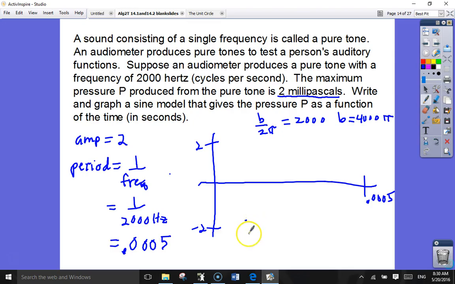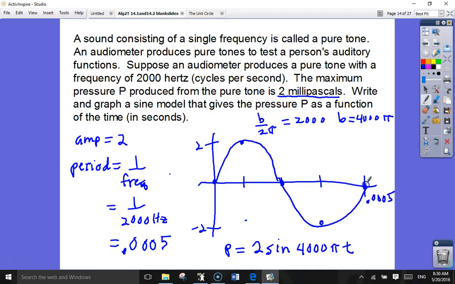So the equation that we're using here is P, capital P for pressure, equals 2 times the sine of 4,000 pi times time. So that's the model. And with everything else labeled, it'll look like this. Okay, so there's our real world thing.